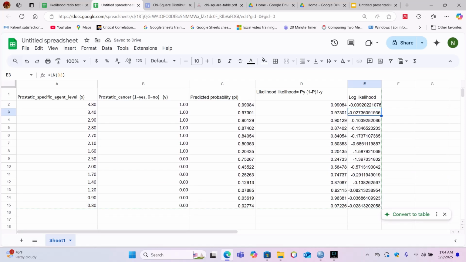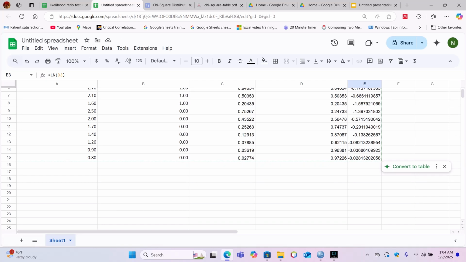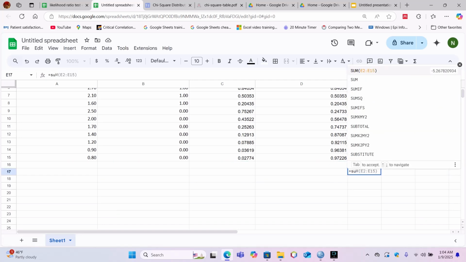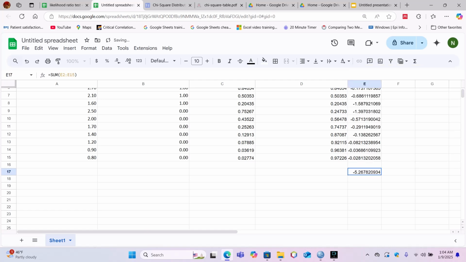So these are the log likelihood values. Now we will compute the sum of these values. Now we see the value of minus 567, which is the log likelihood of the proposed model.